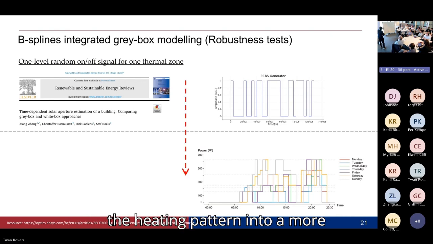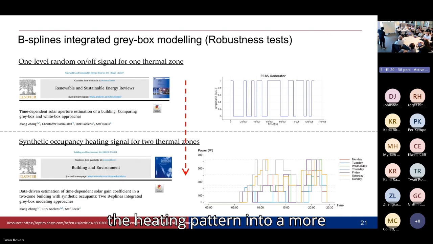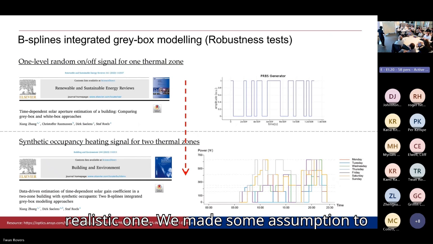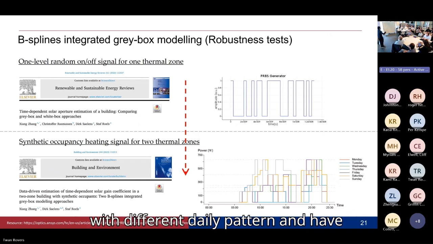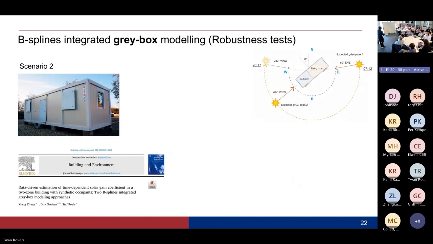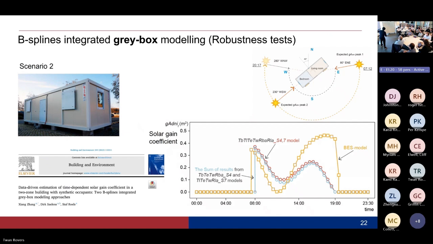Then I changed the heating pattern into a more realistic one. We made some assumptions that there are 2 people living in it with different daily patterns, and some heating power to imitate this and the heat gain from the occupants. Again, we only test the second scenario, and you can see it will also reflect.